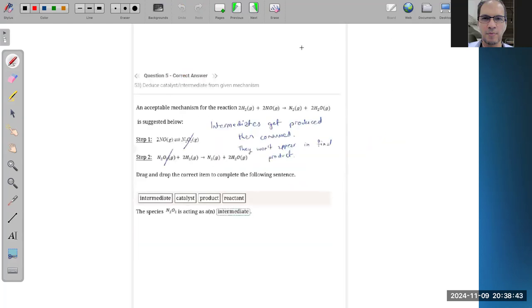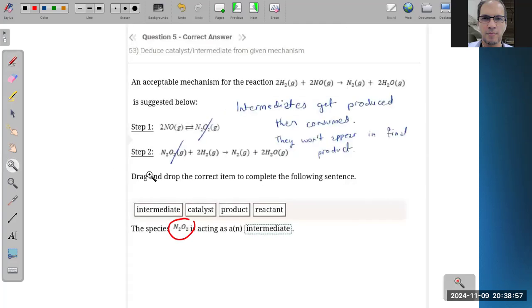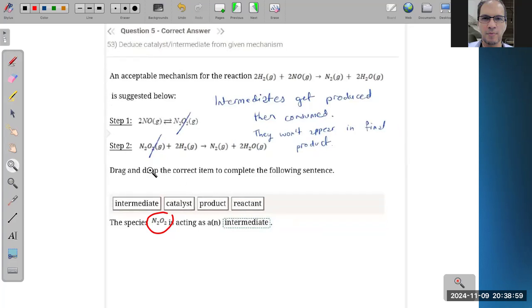Acceptable mechanism for the reaction 2H2 plus 2NO gives N2 plus 2H2O. Drag and drop the correct item to complete the following sentence. The species N2O2 is acting as what? Let's see again. What is the N2O2? It's an intermediate. Why? We said the intermediate is something that appears and then disappears.